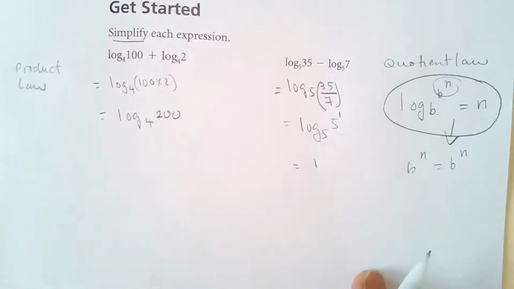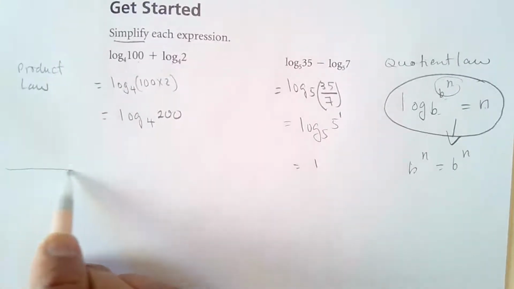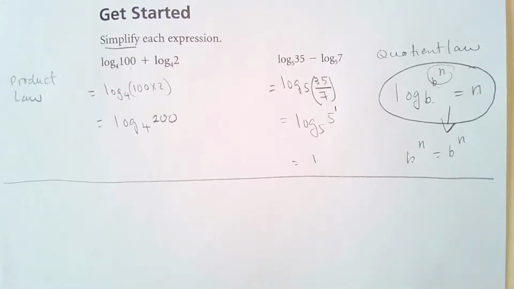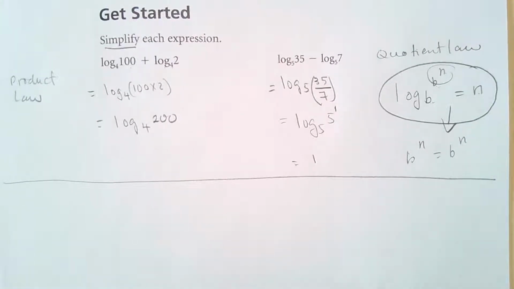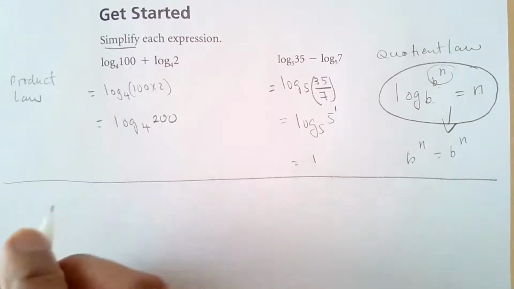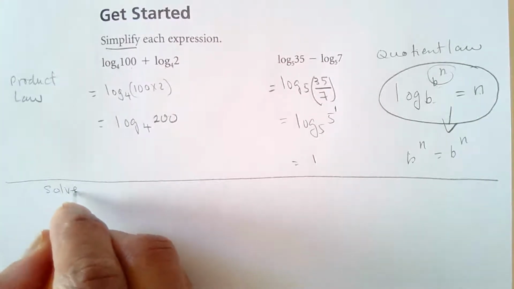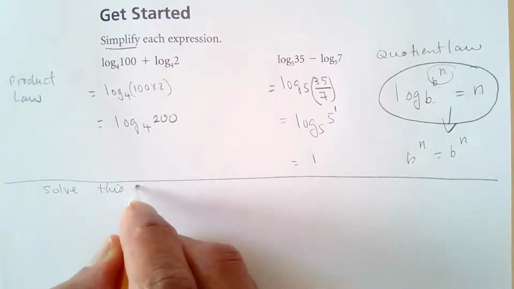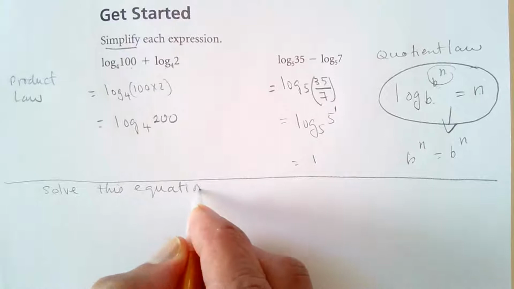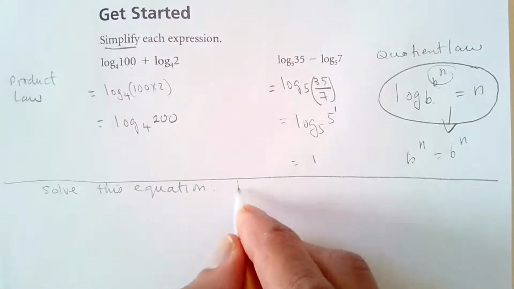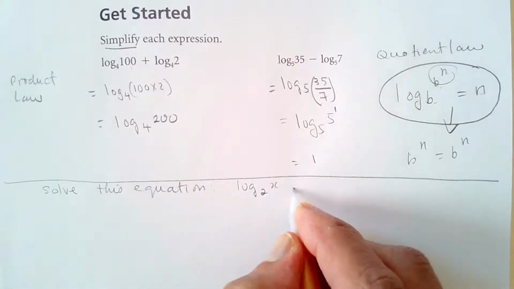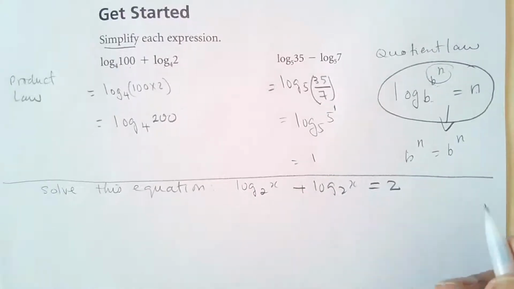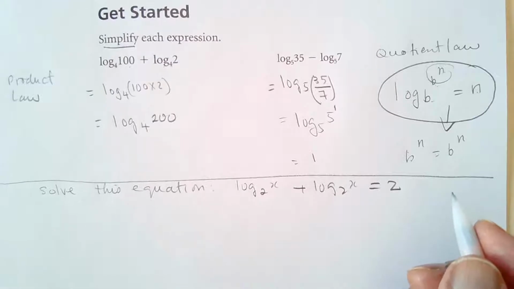Just a little bit of review of what we've done before. So let's look at a question. Here we want to solve this equation: log base 2 of x plus log base 2 of x.